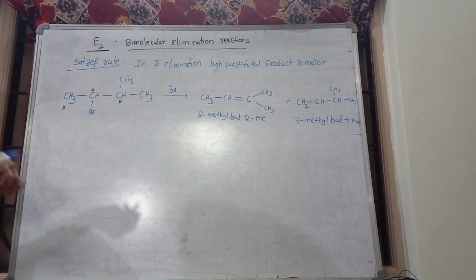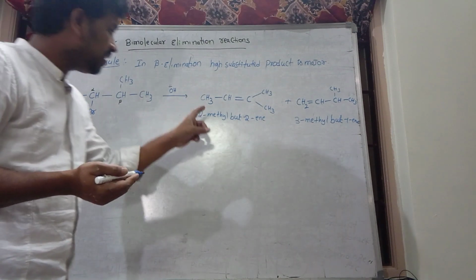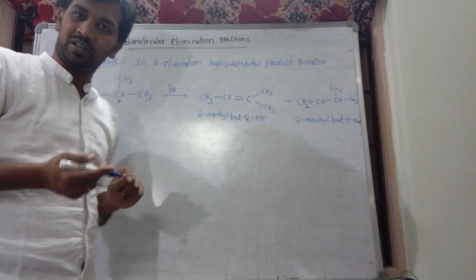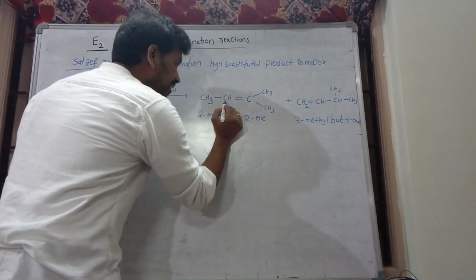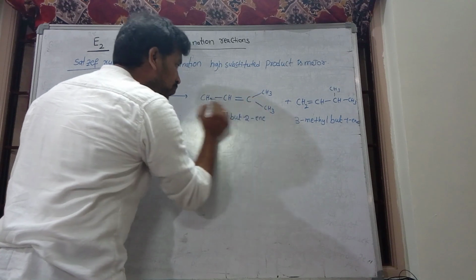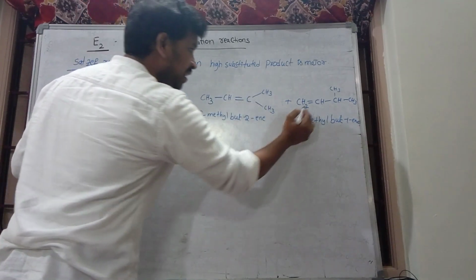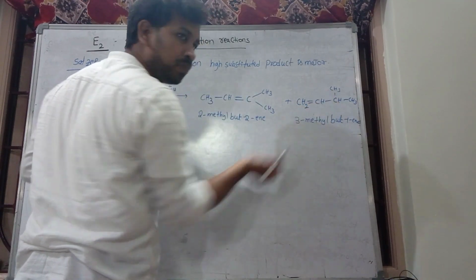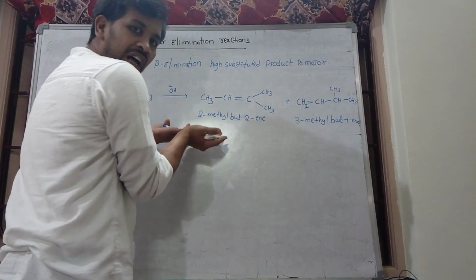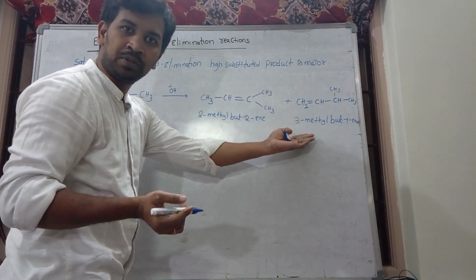So which is Sedgwick? Highly substituted product, least substituted product. Highly substituted means C double bond C with 1, 2, 3 methyl groups substituted. In the other, C double bond C has only one isopropyl group substituted. So 3 alkyl groups substituted versus 1 alkyl group substituted.